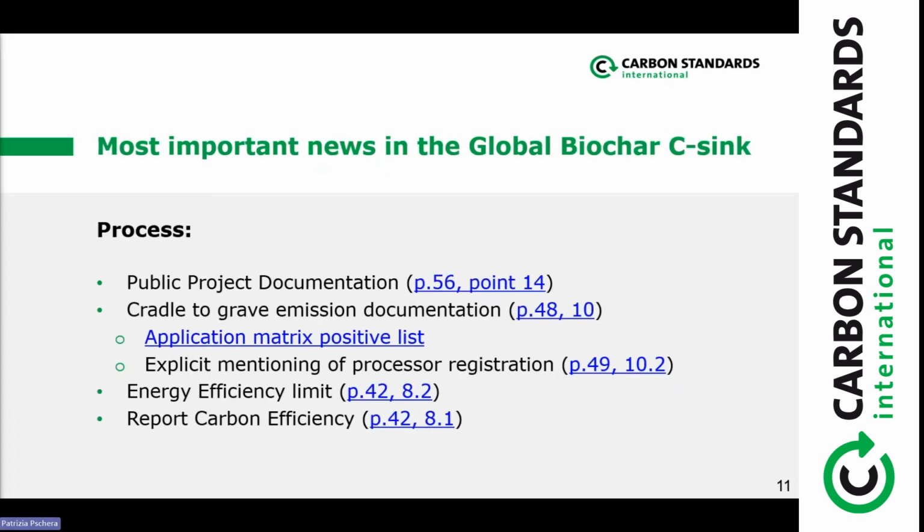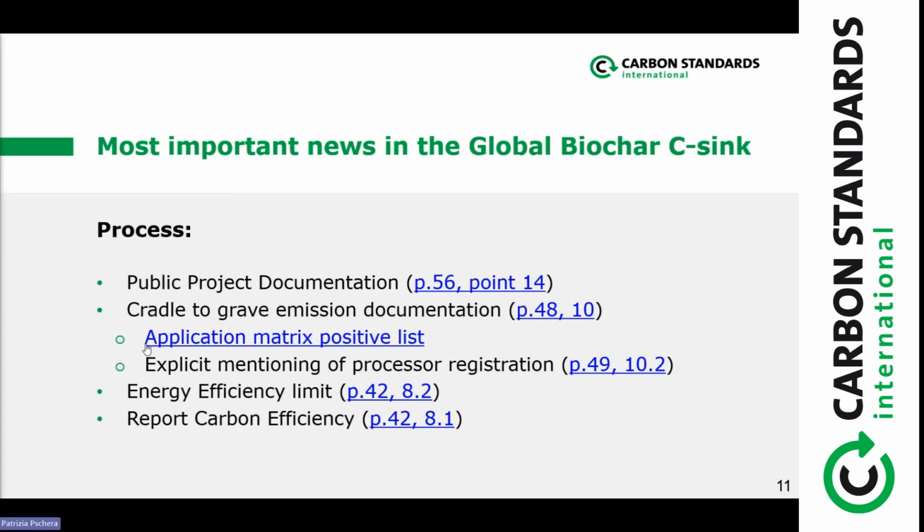But there's also some important news in the Global Biochar C Sink. First and foremost, there is the public project documentation that's required for Global Biochar C Sinks. And in the brackets here, you can always see on what page, in which chapter or which point you can find the information in the Global Biochar C Sink standard. We will have a cradle-to-grave emission documentation.